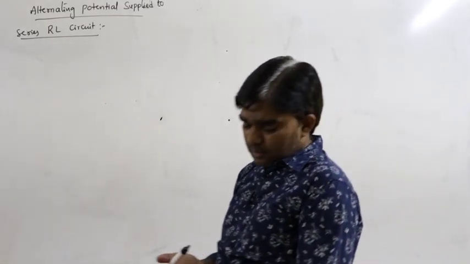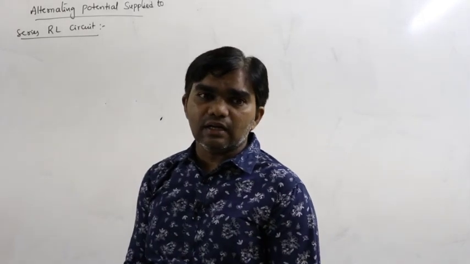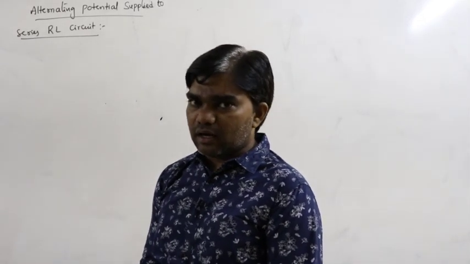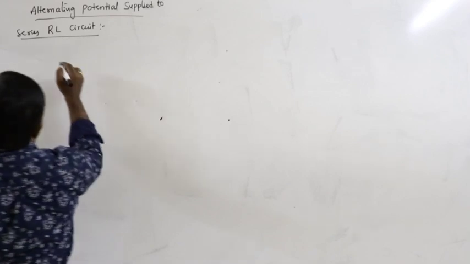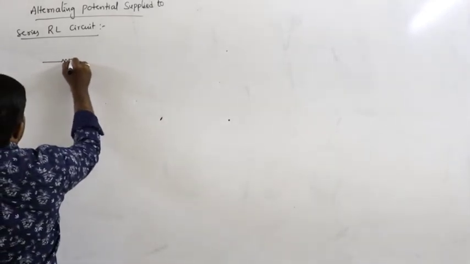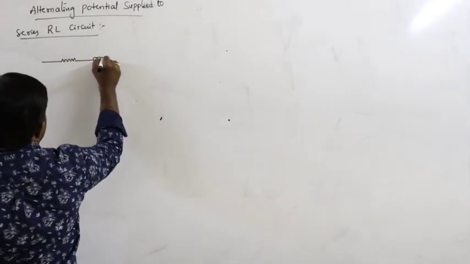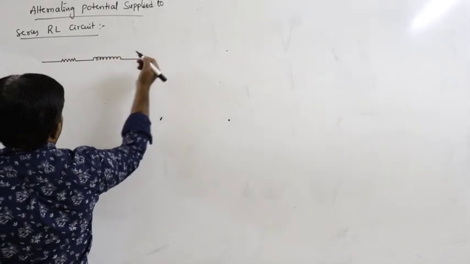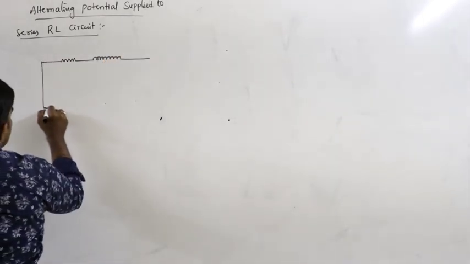Series RL means the resistor and inductor are connected in series here. See here, this is the resistance and this is the inductor, connected in series.